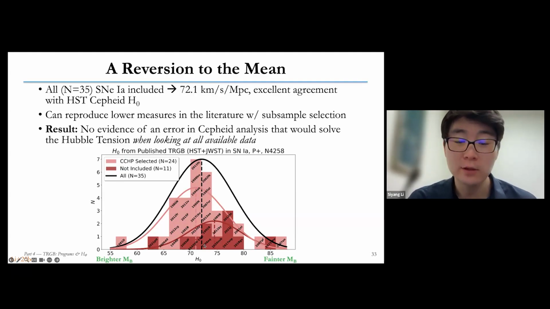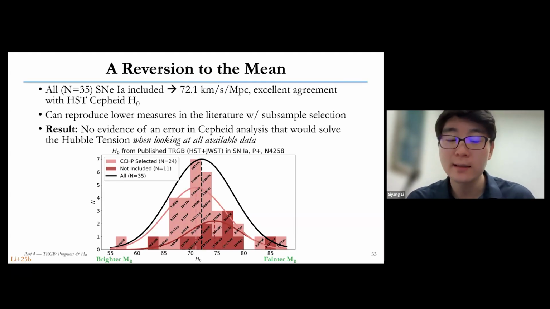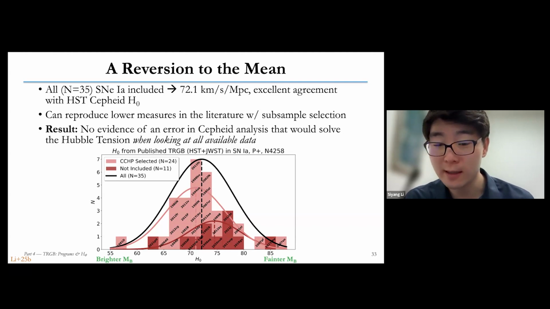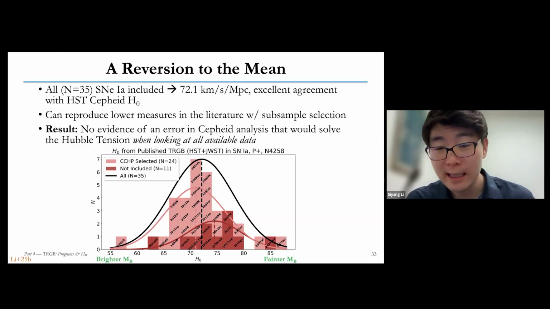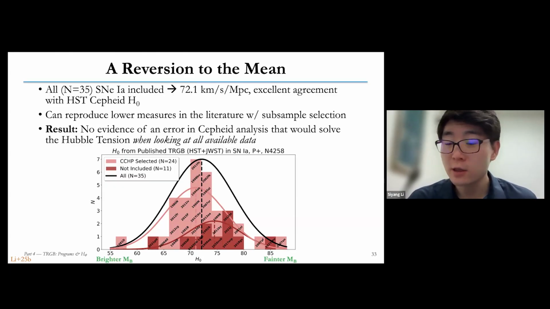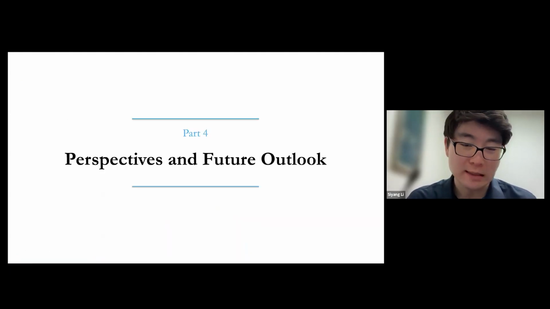So this is something we can trace back and explain: what happens when you use the full data set, what happens if you use a subsample, and how that affects your Hubble constant measurement. The main takeaway from this study is that now that we have 35 type 1a supernovae to work with for TRGB measurements, and all this data is now publicly available, there's no reason not to use the full data set moving forward for these measurements.